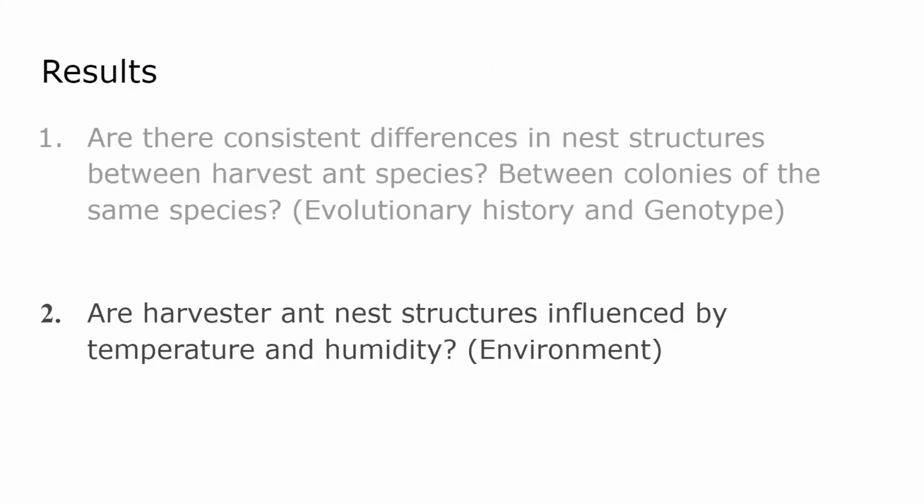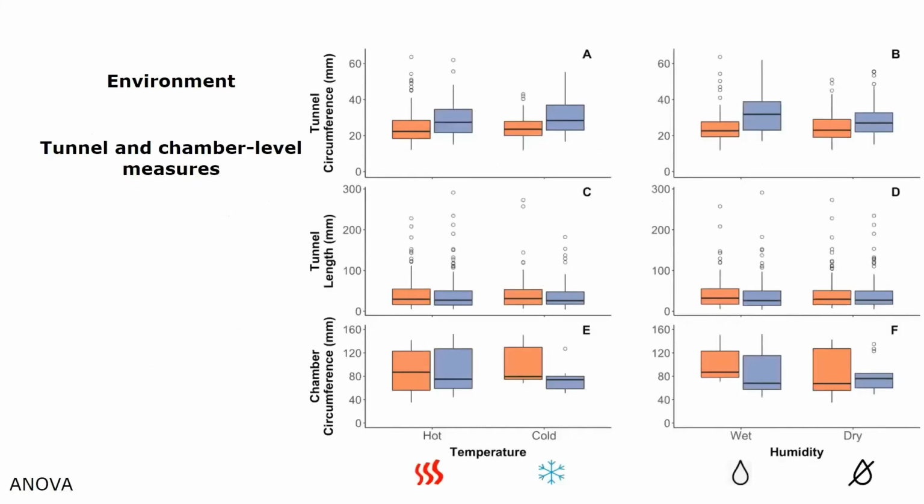We then examined our second question, are harvester ant nest structures influenced by temperature and humidity? And here you can see a similarly formatted graph, except now in the left column, nests are separated by temperature, and in the right column, nests are separated by humidity.